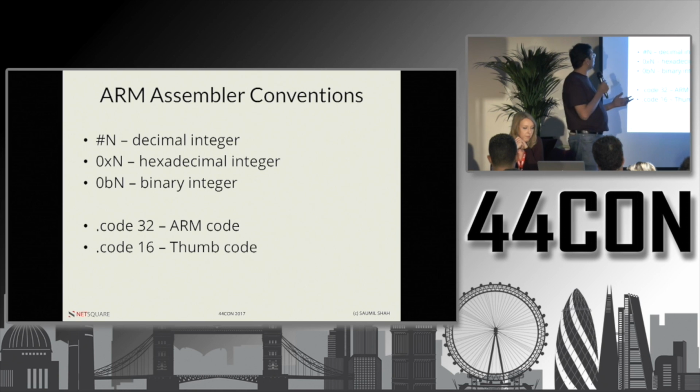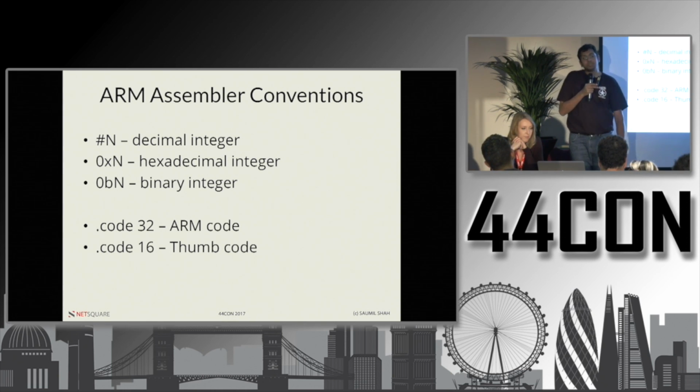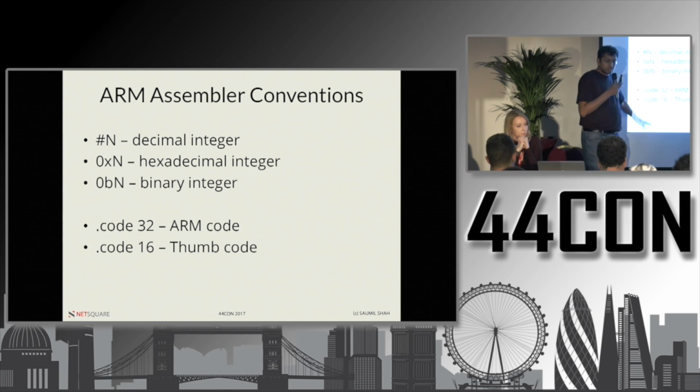You can explicitly have assembler directives like .code 32 or .code 16. .code 32 means all subsequent instructions will be assembled in ARM mode. .code 16, all subsequent instructions will be assembled in thumb mode.